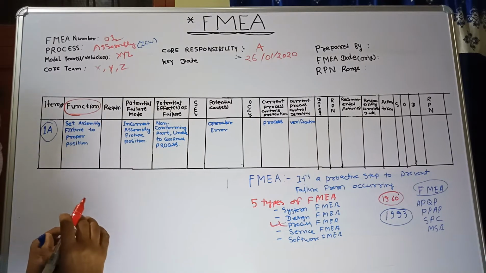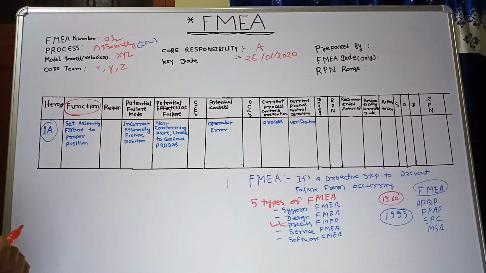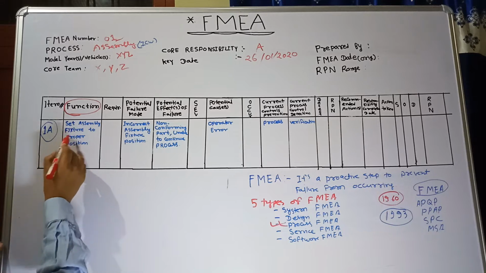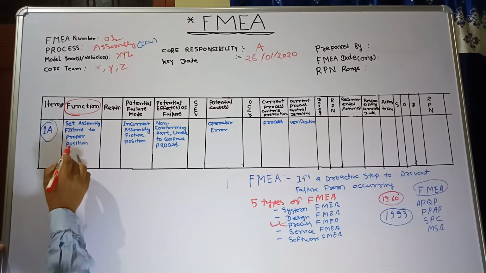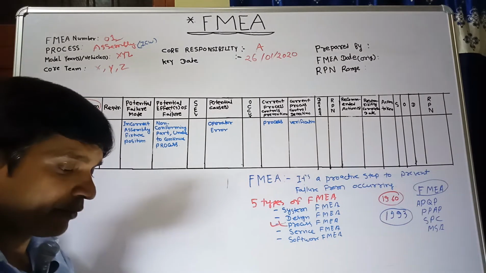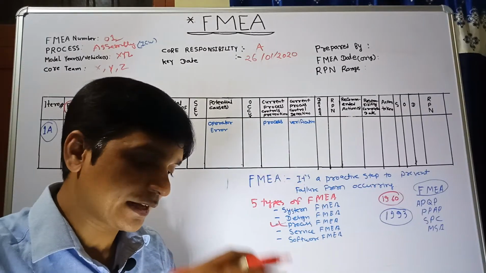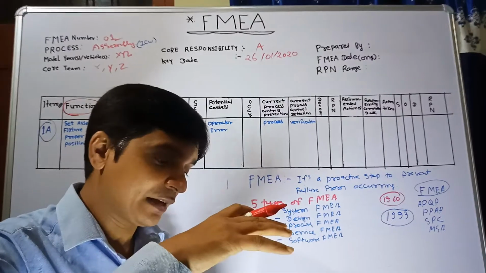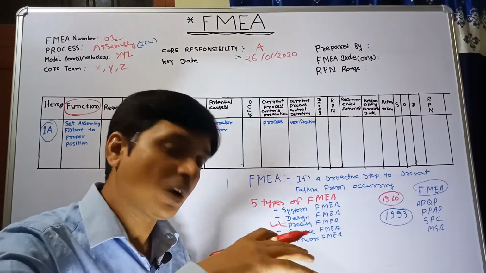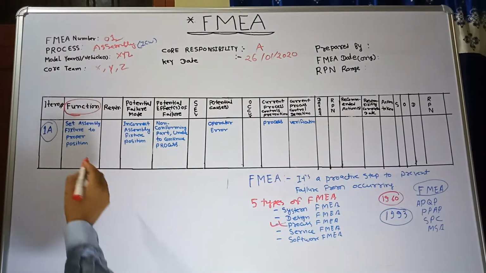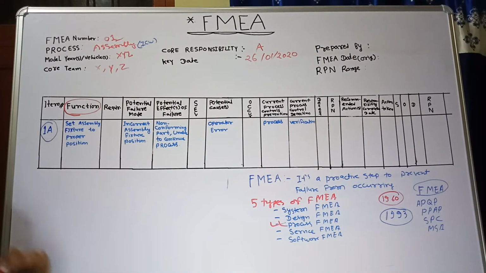If you are making a PFMEA for a process, I will give an example: set assembly fixture to proper position. We have to fix the fixture in the fixed position, and jig and fixture alignment is most important. So here you mention: set assembly fixture to proper position.